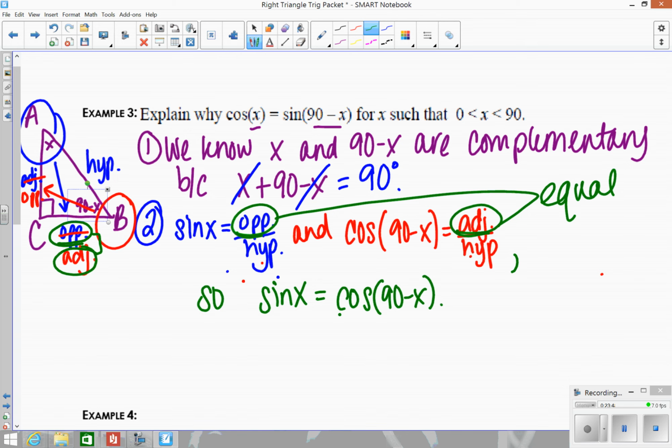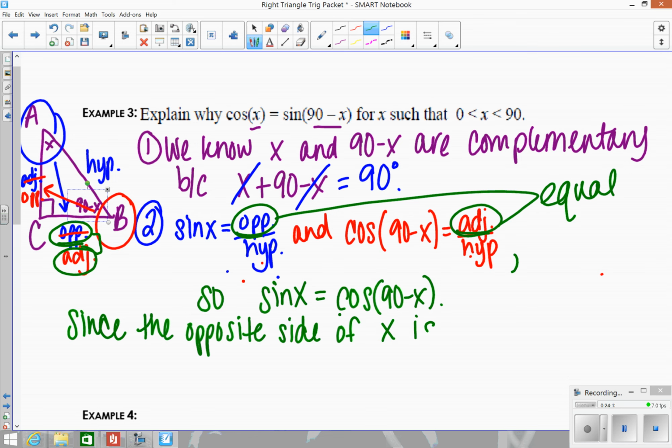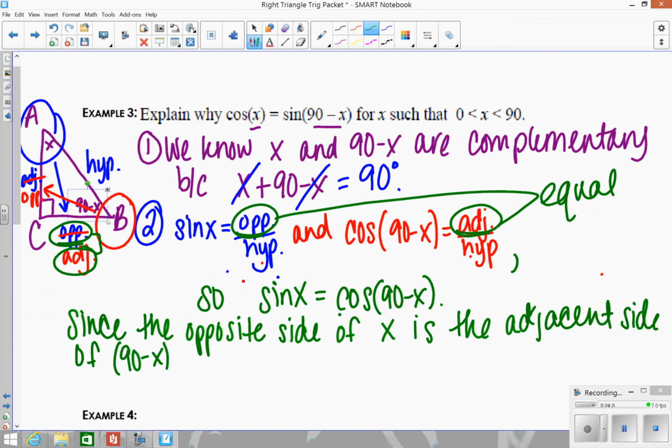So basically, let me write this up. Let's say since the opposite side of x is the adjacent side of 90 minus x, I'm going to put that in parentheses so you know it goes together.